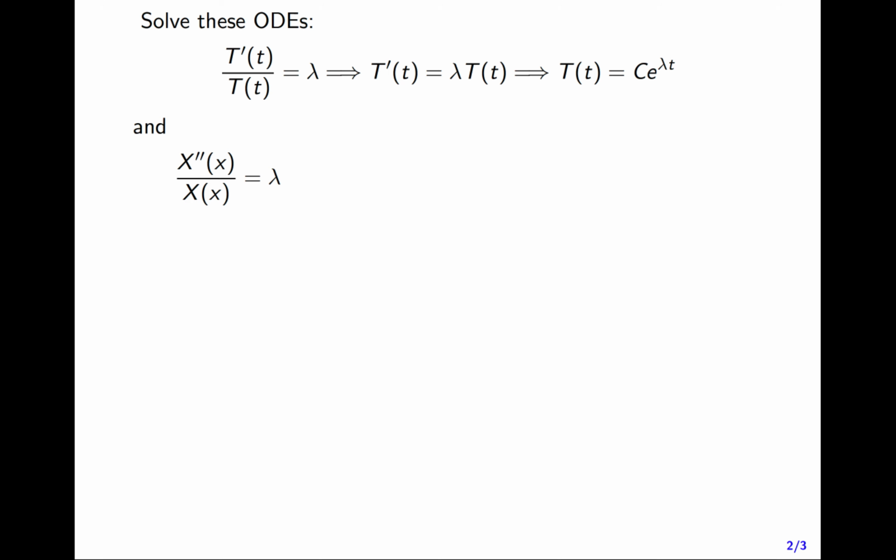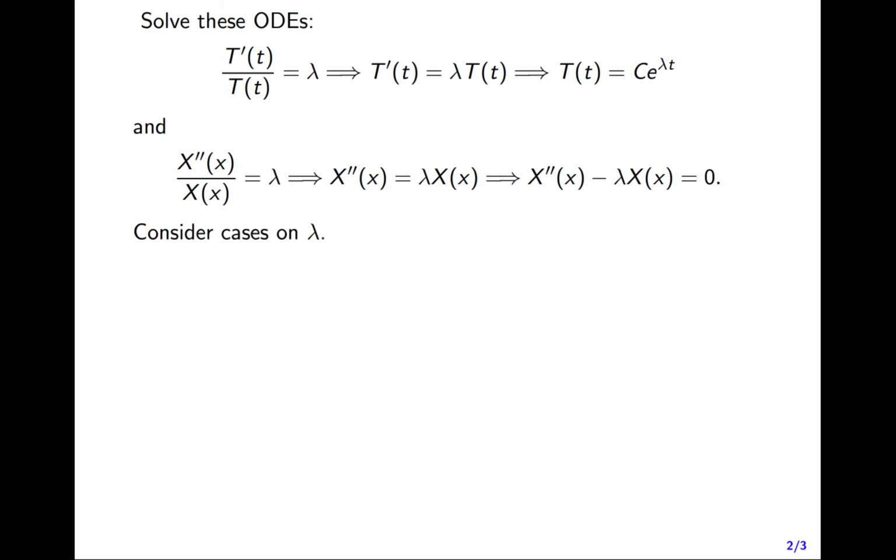That rearranges into the equation capital X double prime(x) equals lambda times capital X(x). And this is a second order equation, and we could put everything on the left side as capital X double prime(x) minus lambda capital X(x) equals 0.